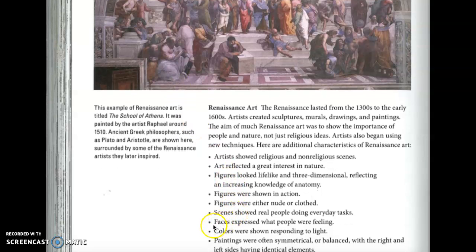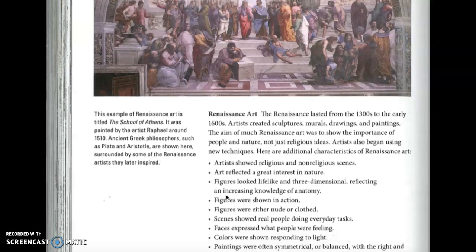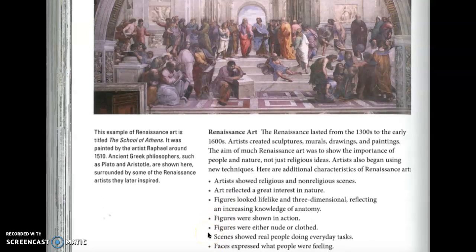Next, faces expressed what people were feeling. If you look at this one, if you're able to zoom in, you could see that unlike the other pieces of artwork from classical or medieval times, people have facial expressions and they show feeling. Colors were shown responding to light.